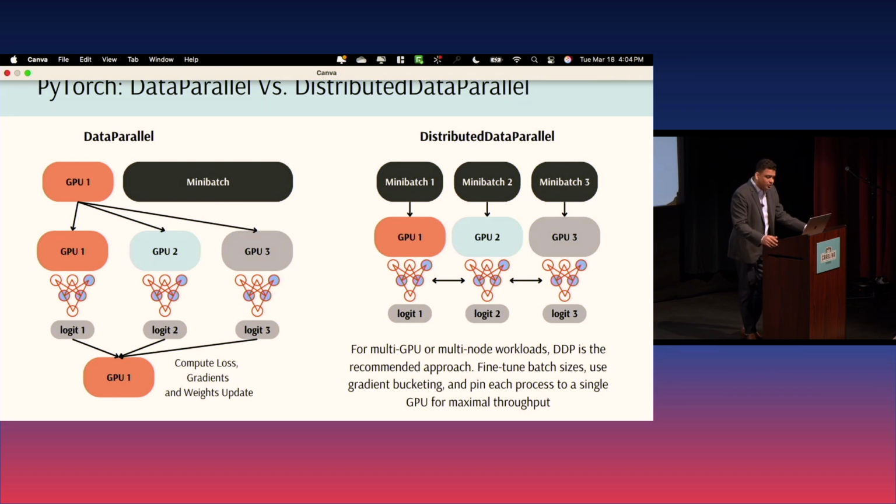The other approach, which is the recommended approach, is DistributedDataParallel. The idea here is that no single GPU is acting as your master GPU. When you think about your effective batch size, let's say in DataParallel your batch size was 2048.